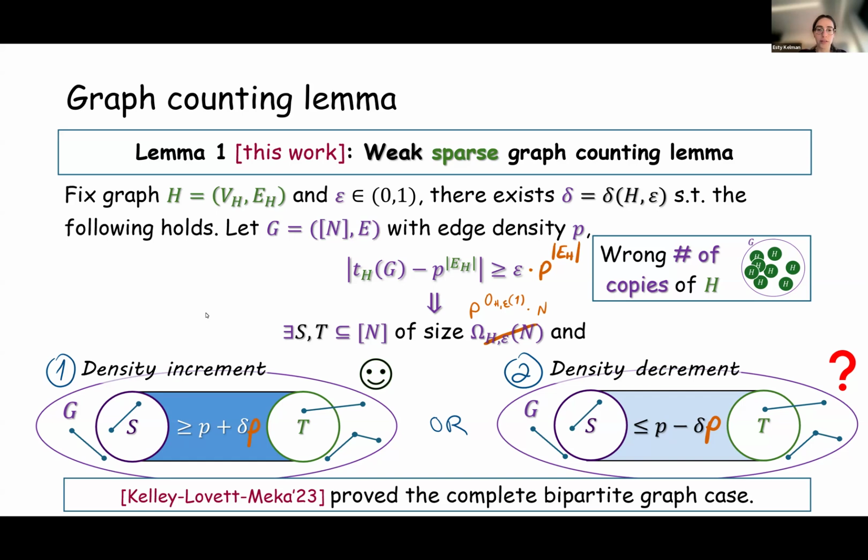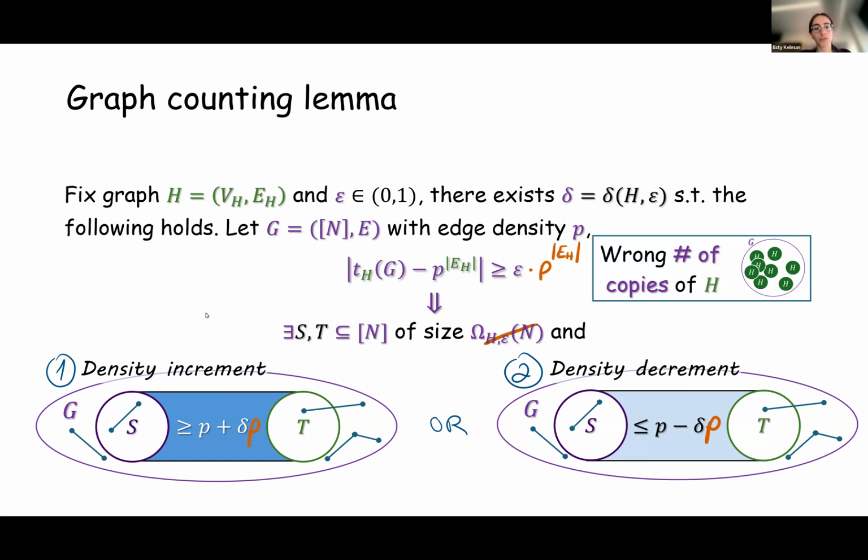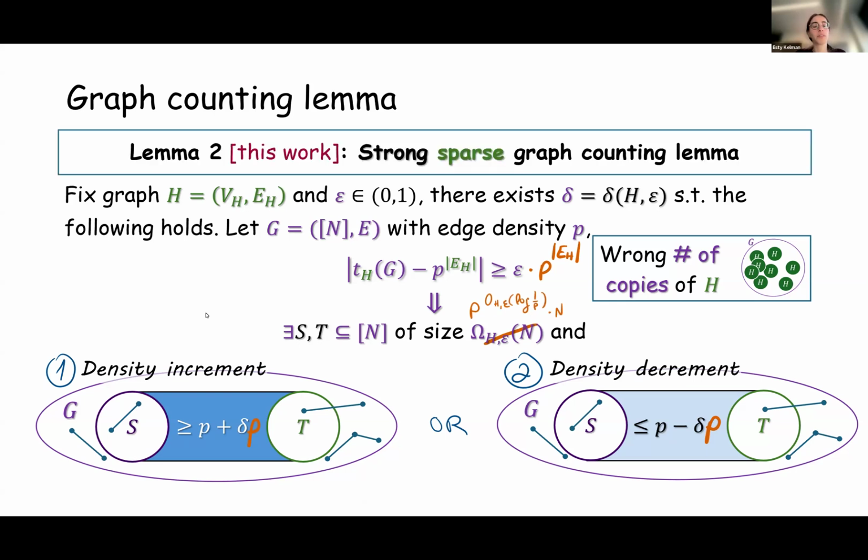Nevertheless, it turns out that even these large sets are quite large, and we can deal with much smaller ones. If we allow the sets to be even smaller, of density p to the log 1 over p, then we can show what we call the strong sparse graph counting lemma. In what sense is it strong?